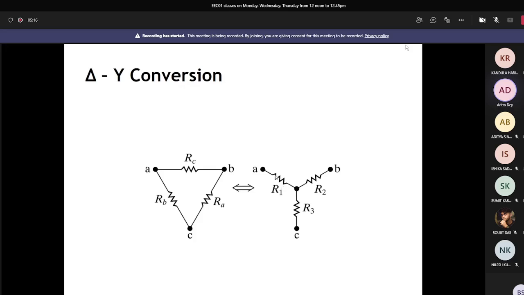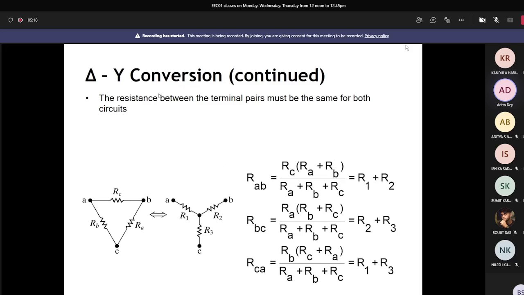Next, this is the procedure through which we'll be able to find the delta star conversion. Here we are trying to convert from the delta to star. So what is the equivalent resistance between A and B? We have to take these two terminals.